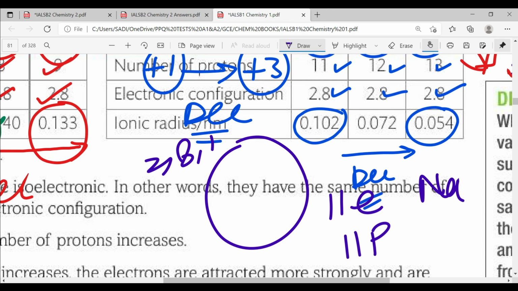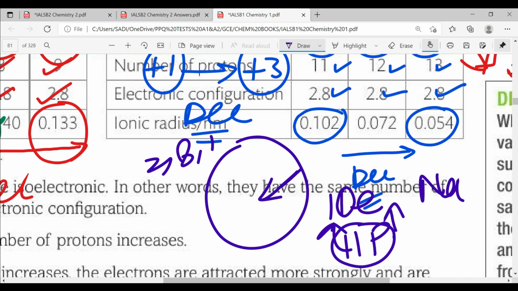So they're balancing the force of attraction of these 11 protons on 11 electrons. But if you remove 1 electron, and they're left 10 in number, so protons are attracting it more, the 10 and 11 force. So they will definitely, there will be shrinkage. Right?